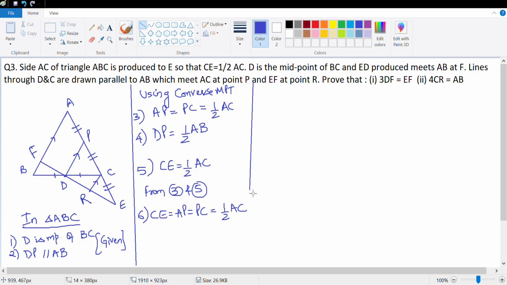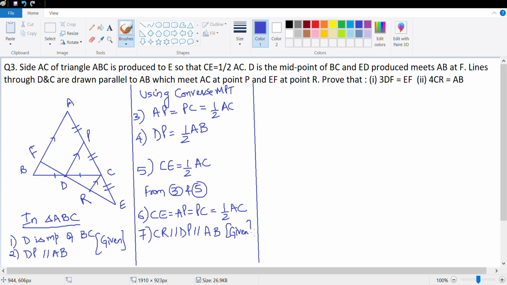Perfect. So I think I've already got my first part, but let's start writing it down. So number 7, CR is parallel to DP, parallel to AB. This is given. And number 8 that I get is EC is equal to CP is equal to PA.